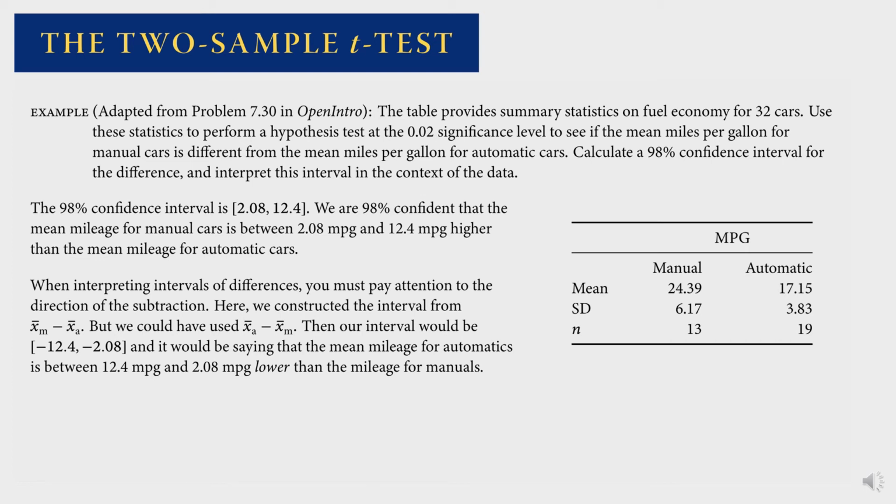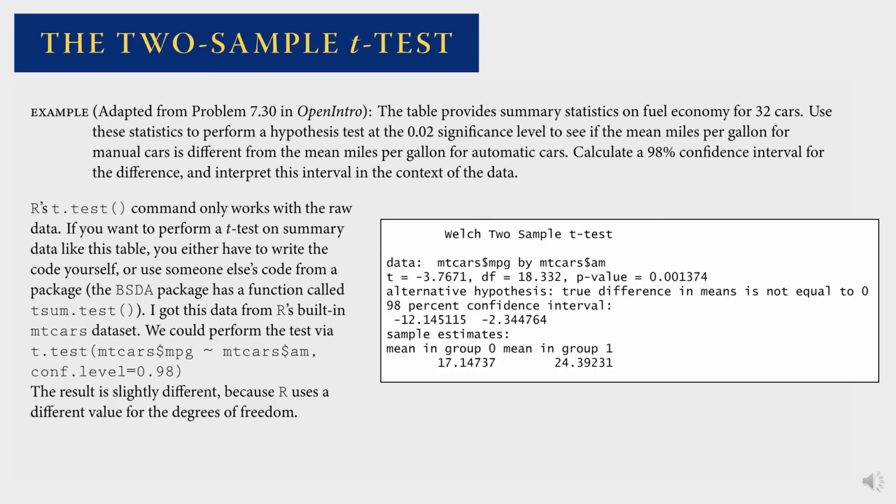We are 98% confident that the population difference is between these negative numbers. That's telling us that automatics get lower gas mileage. It's the exact same thing, you just need to pay attention to how you interpret the difference.